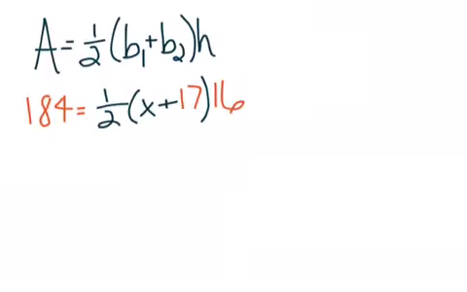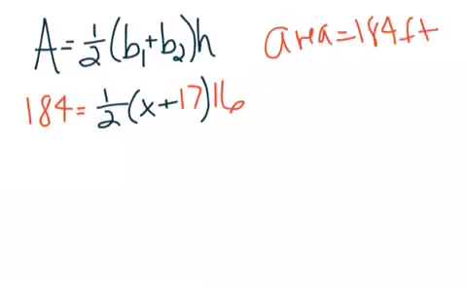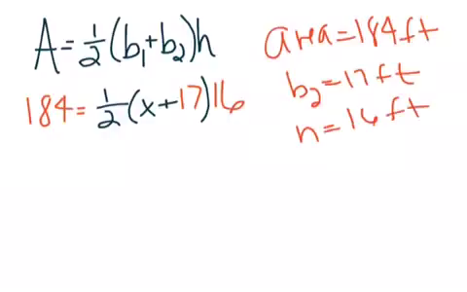So if I know that my area is going to be 184 feet altogether, and I know that one base, or base 2, is going to be 17 feet, and I know that my height, the length of my altitude, is going to be 16 feet, I'm going to plug it in to this equation.